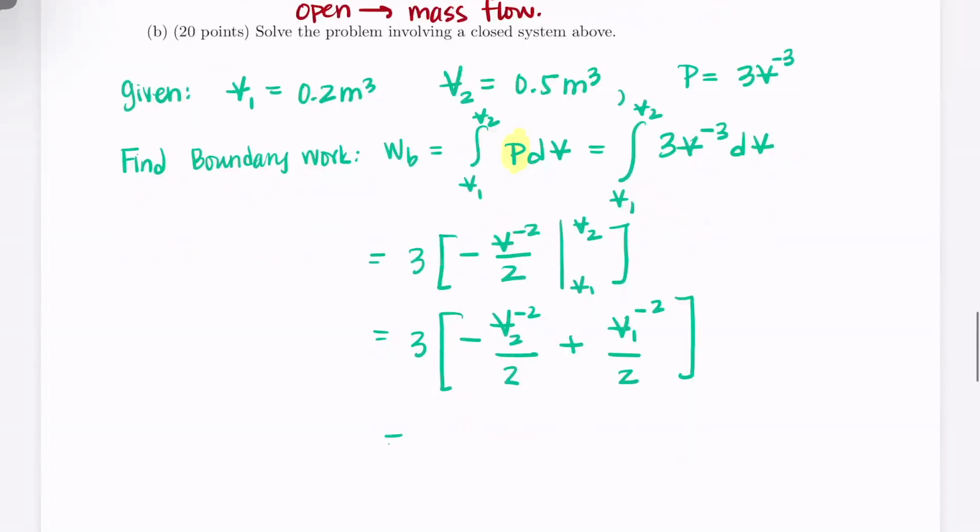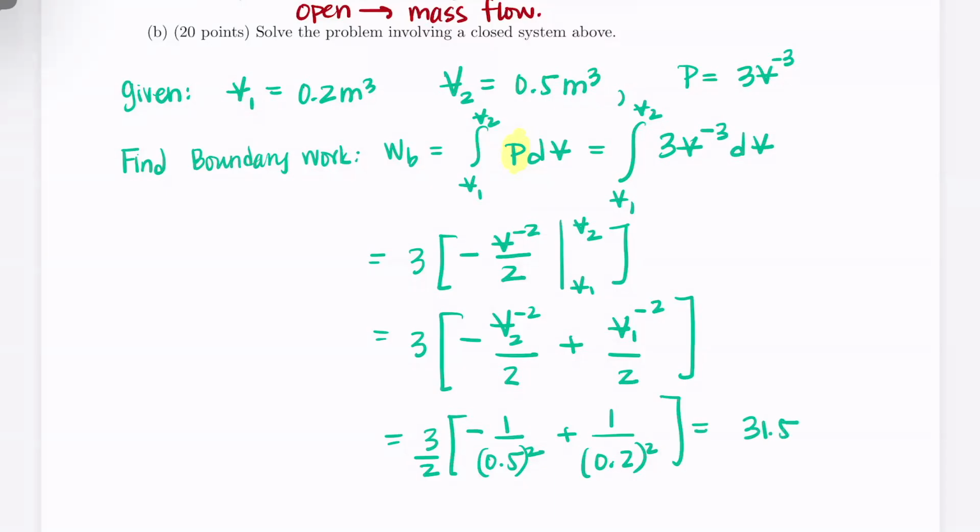Then I plug in the values and pull out the half: minus 1 over V2 squared, so 0.5 squared, plus 1 over V1 squared, which is 0.2 squared. So we have 31.5 kilojoules.